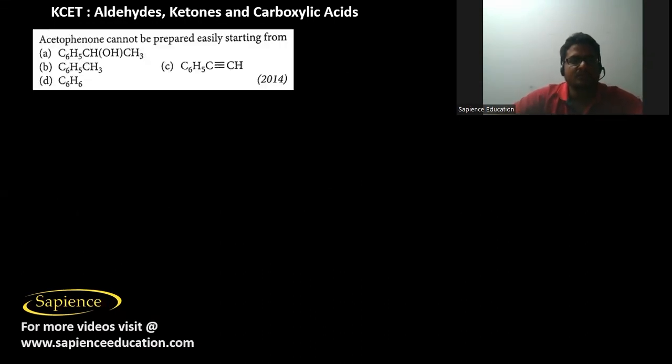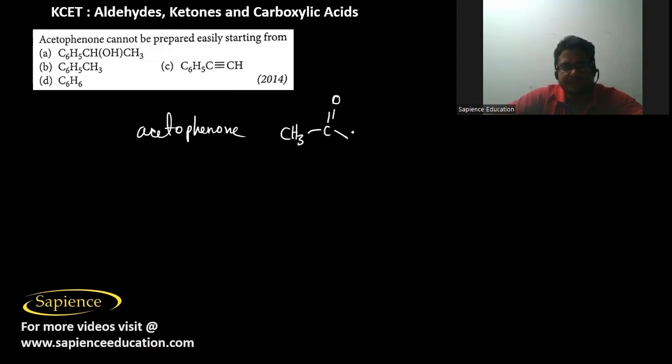Then acetophenone cannot be prepared easily from. Now acetophenone is like this, CH3CO and here one benzene ring. So acetophenone cannot be prepared easily starting from toluene.